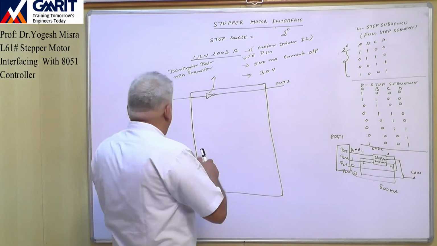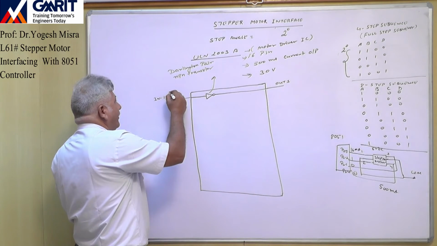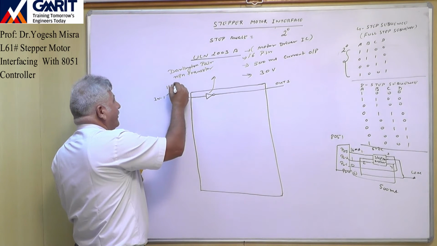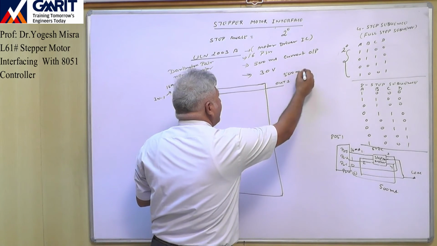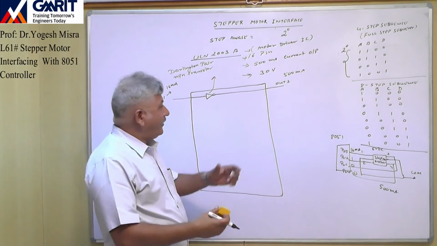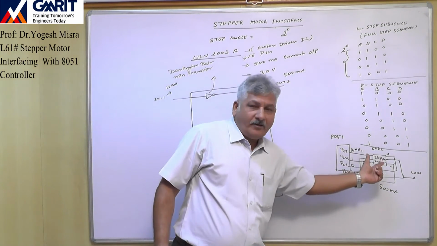So here, if at the input we give a 16 milliampere current, then it amplifies it to 500 milliampere current. You will get that at the output, and this output we will connect with the stepper motor.